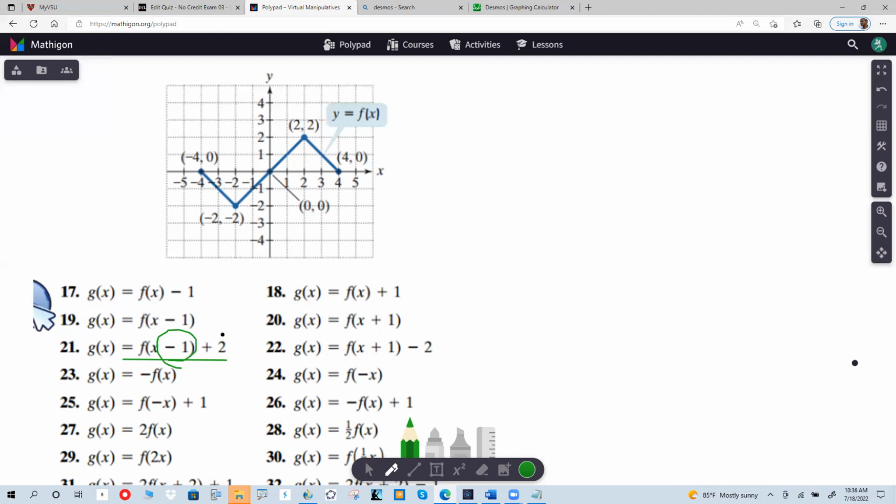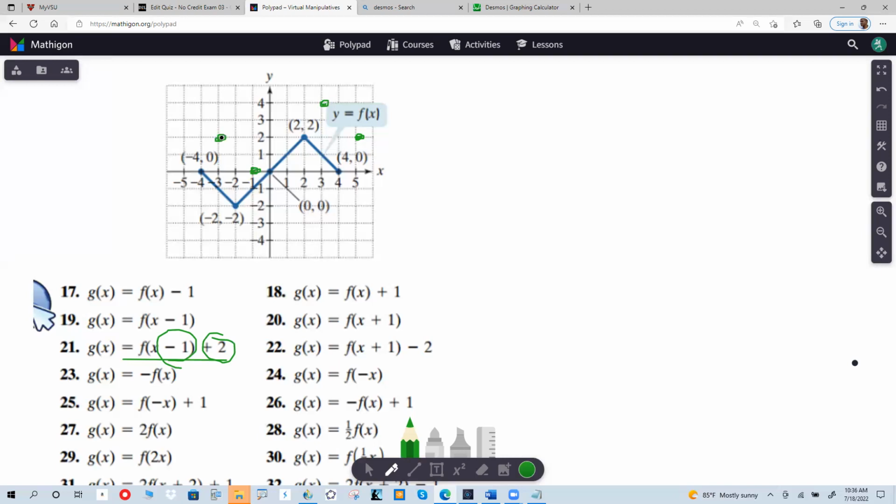And plus 2 will be 2 units up. So you're going to take every point, go 1 unit to the right and then 2 units up. I'm going to show you this one a little differently. This point, 1 unit to the right, 2 units up will go here. 1 unit to the right, 2 units up will go here. And 1 unit to the right, 2 units up, will go here.